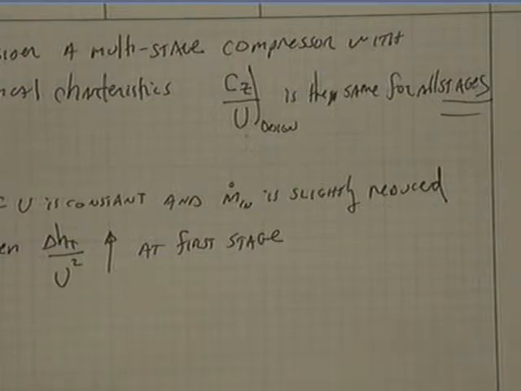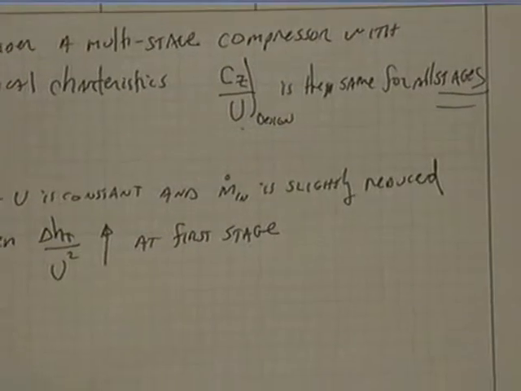So this thing is spinning at X RPM. Okay, at a given radius, U will stay constant. If we slightly reduce the inflow, that means that the normalized or the specific work done is going to go up, right? Something over m dot is going to go up at the first stage.